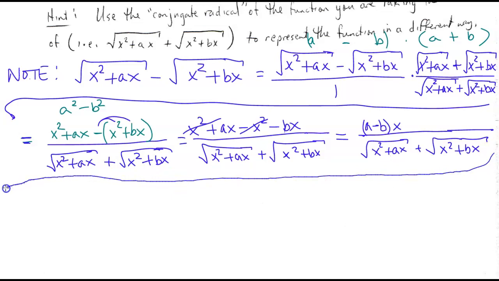Now, the problem here is that I have infinity over infinity, okay? If I had, let's say, some number divided by infinity, that would be great because any number divided by infinity from a limit perspective is approaching zero.